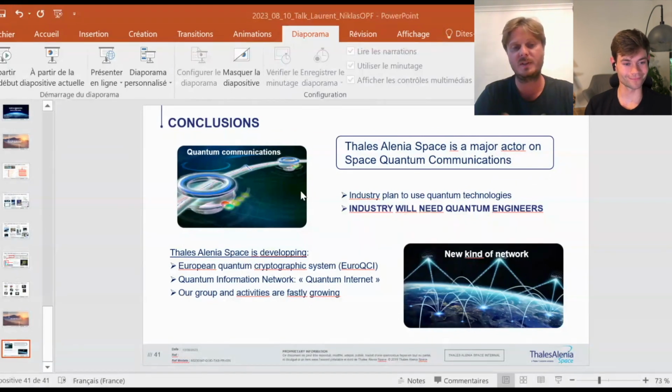So our group is actively growing, and the number of projects is multiplied by a factor of 10. This is a very attractive and active field in the quantum information domain.